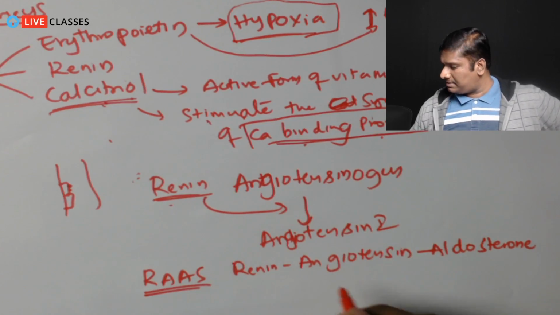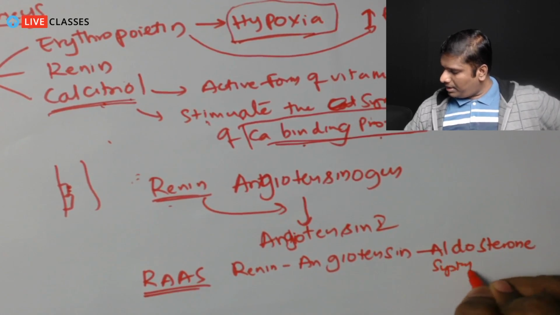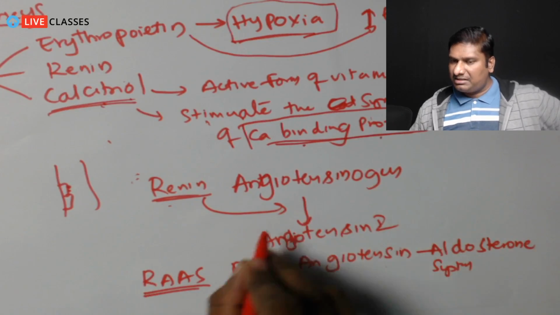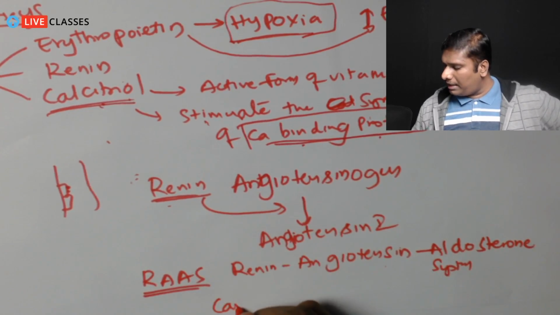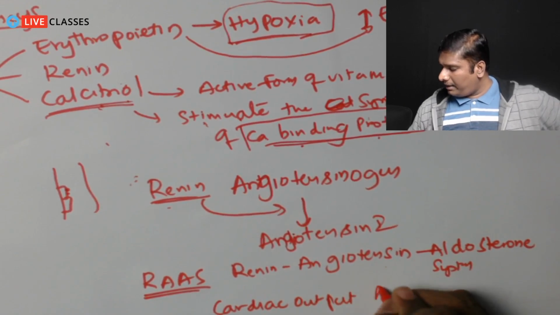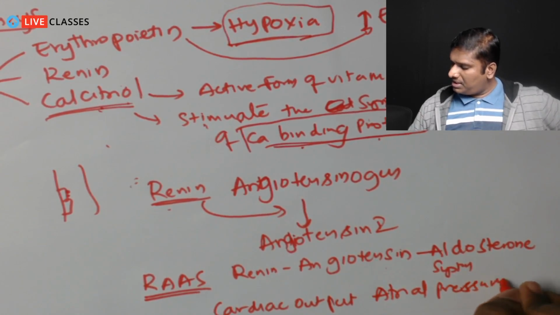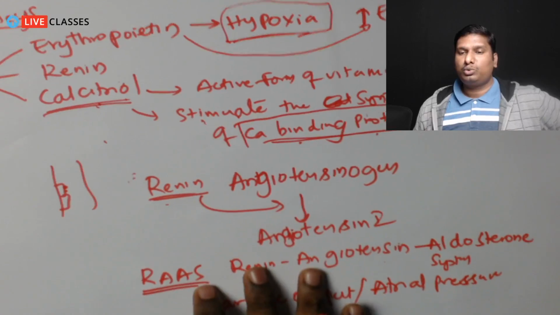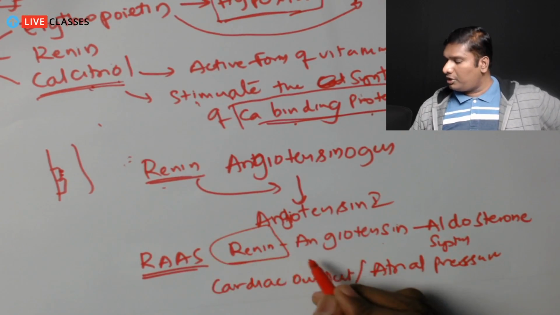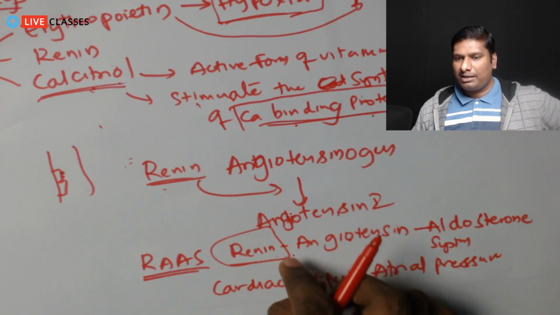So this RAA system, the renin, angiotensin, aldosterone system, actually controls the cardiac output and blood pressure. If renin is not there, your blood pressure will be uncontrolled; it won't be under control.